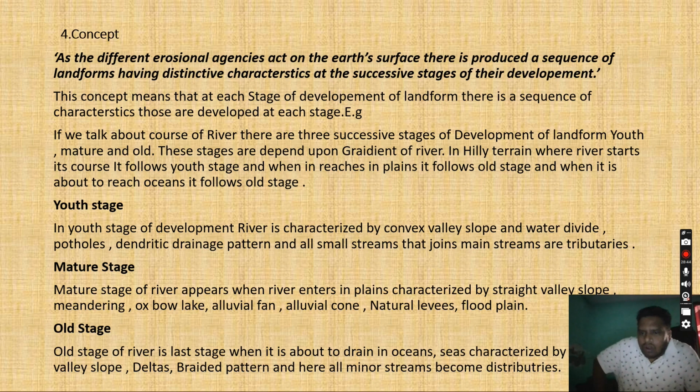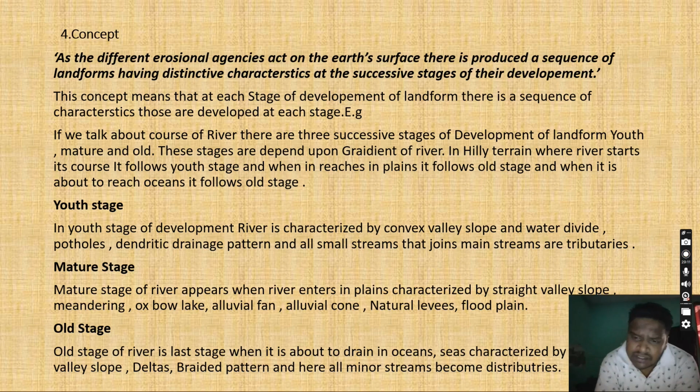So, guys, basically what happens when a river starts its course from glacier to ocean? In its path, in the initial stage, we have the youth stage of the river, when the gradient and velocity of the river are high, and it basically forms in the hilly regions.